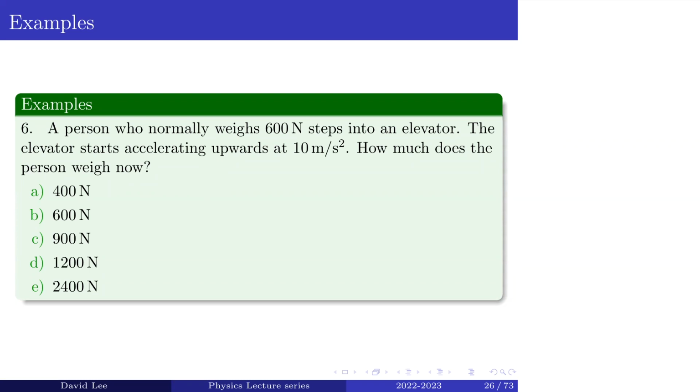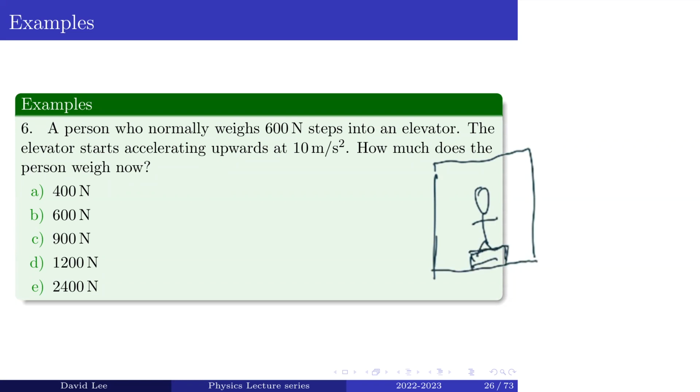And so, what's the idea behind this question? Well, we have an elevator here. A person is in the elevator, and let's say the person's standing on a bathroom scale.